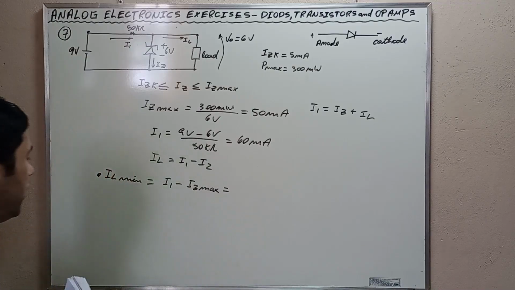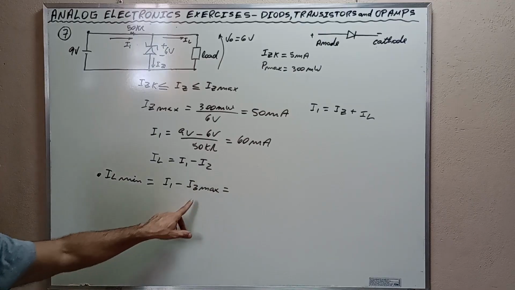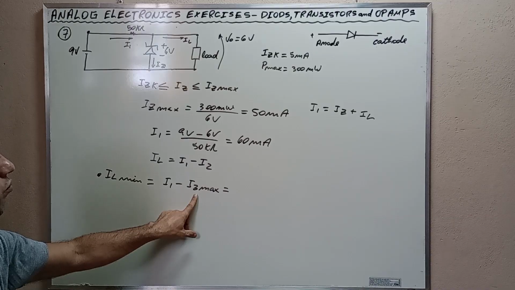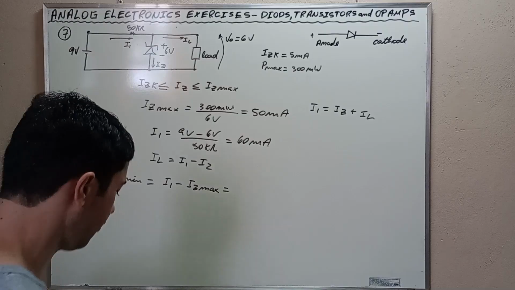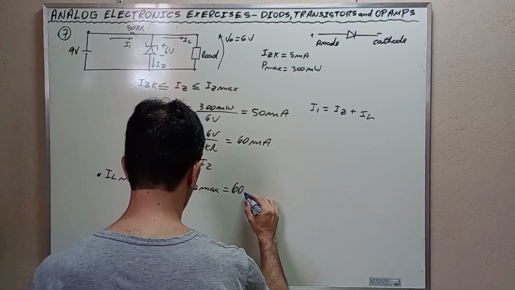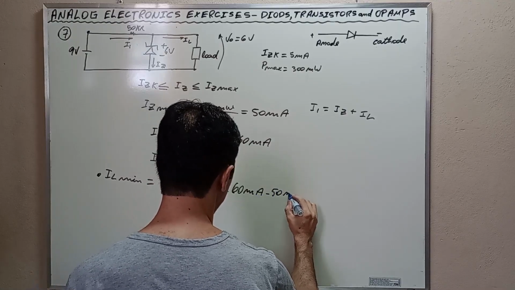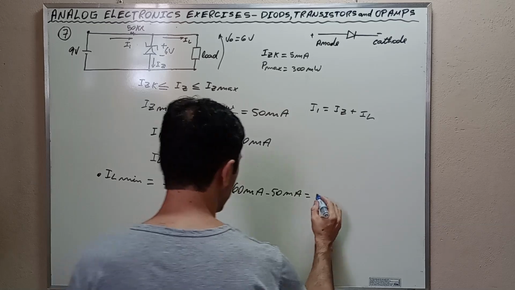The minimum value of IL is the one in which the Zener current is maximum. This is equal to 60 milliamps minus 50 milliamps, which is equal to 10 milliamps.